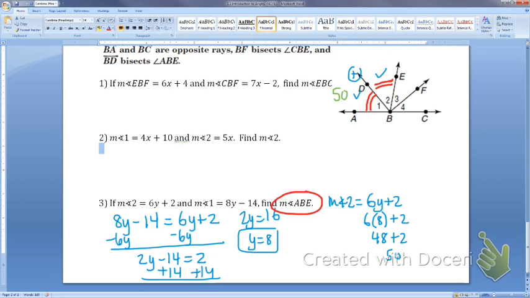But if 1 is 50, then that means that angle 2 is 50. Alright, so we could say measure of angle ABE equals 2 times 50. So the measure of angle ABE is 100.